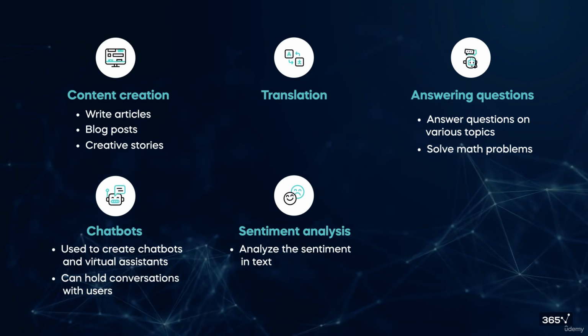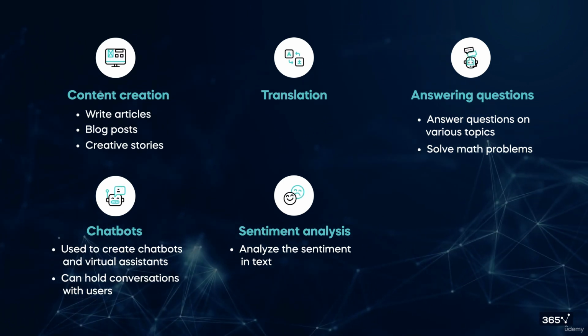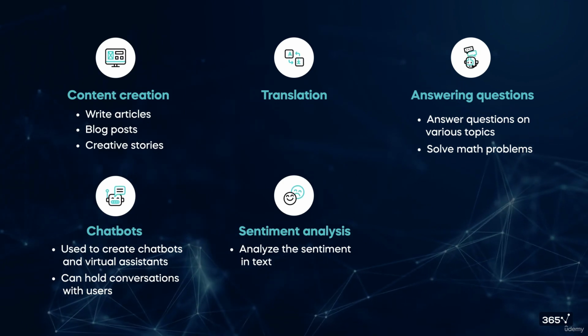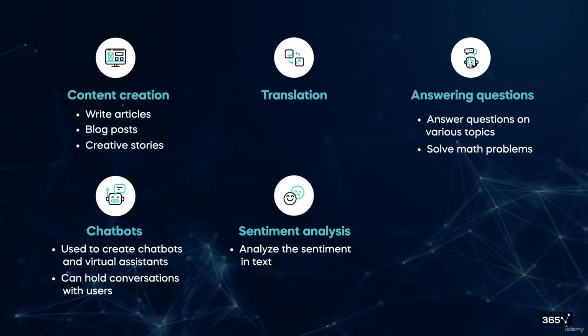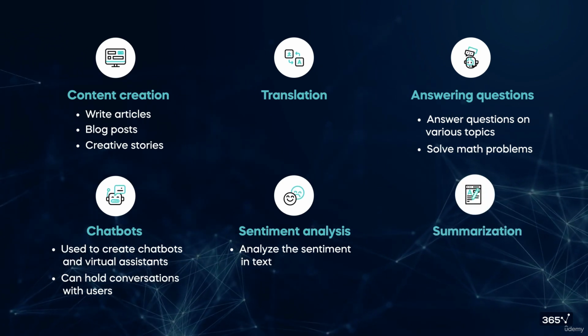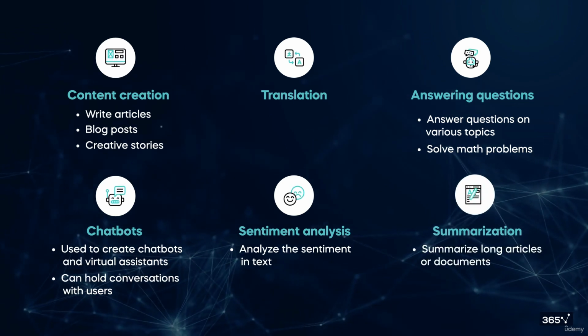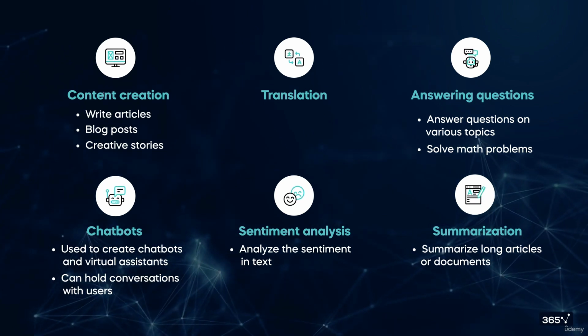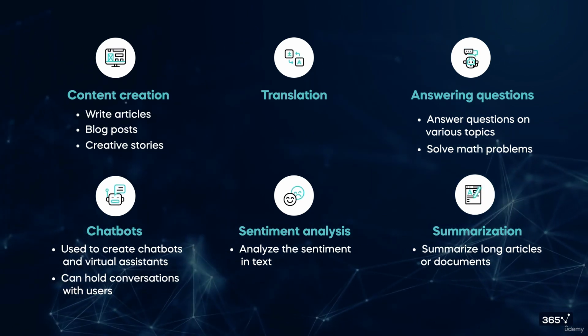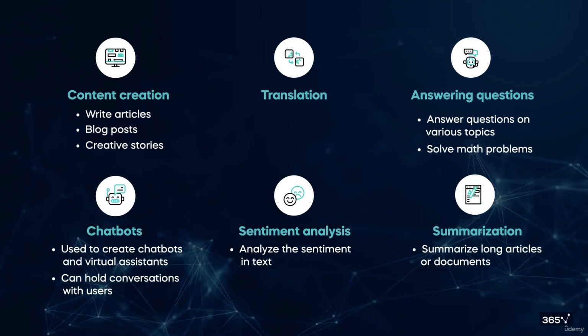This is a useful skill for businesses to gauge customer feedback or for tracking public sentiment on social media. Furthermore, large language models can take long articles or documents and generate concise summaries, making it easier to understand the main points without having to read the entire text.